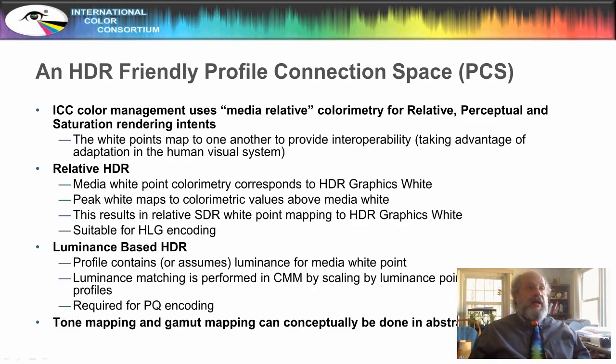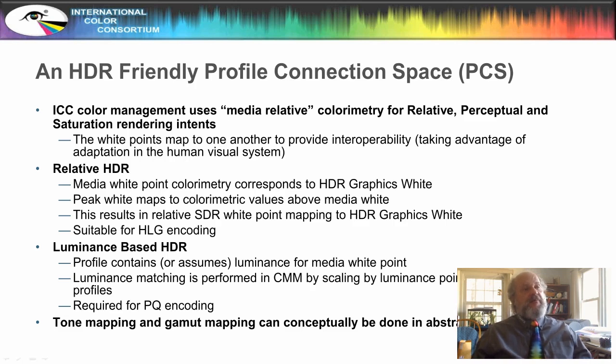Now, as I mentioned before, an HDR-friendly profile connection space is needed. ICC color management uses relative colorimetry for relative, perceptual, and saturation intents. What this really means is the white points map to one another to provide interoperability, taking advantage of the adaptation of the human visual system. With HDR, we need the idea of a relative HDR.